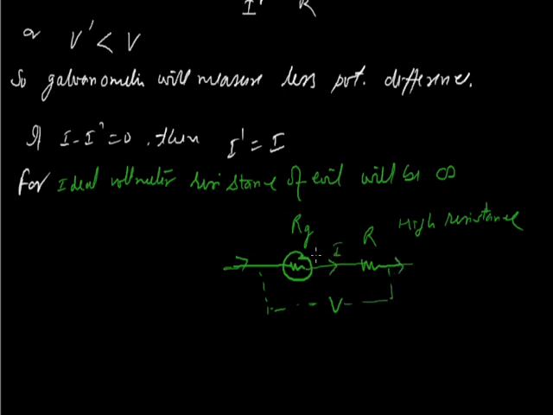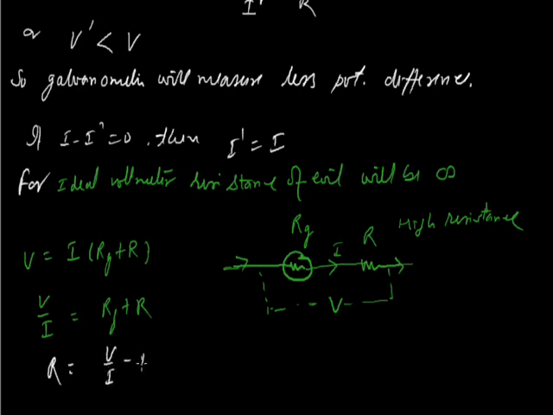V will be I into Rg plus R, or V upon I is Rg plus R. Now the value of the high resistance R will be V upon I minus Rg. This is the required expression for the conversion of a galvanometer into a voltmeter.